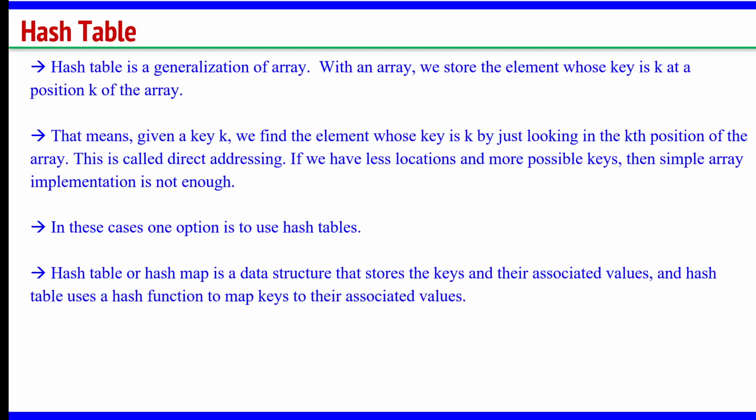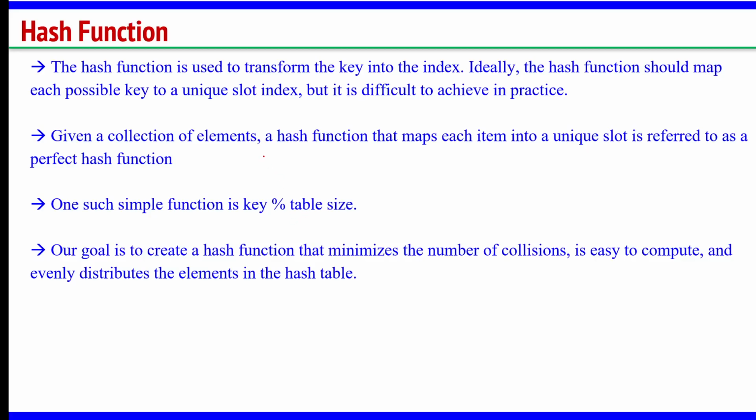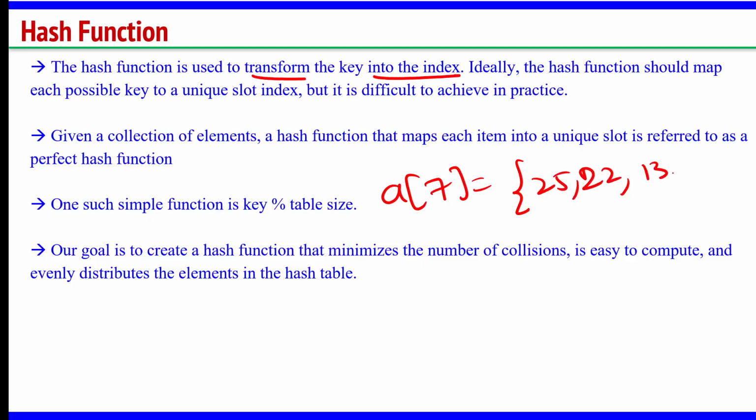Let us understand the hash function. The hash function is used to transform the key into an index. I had an array of 7 elements: 25, 22, 13, 33, 42, 56 and 15.